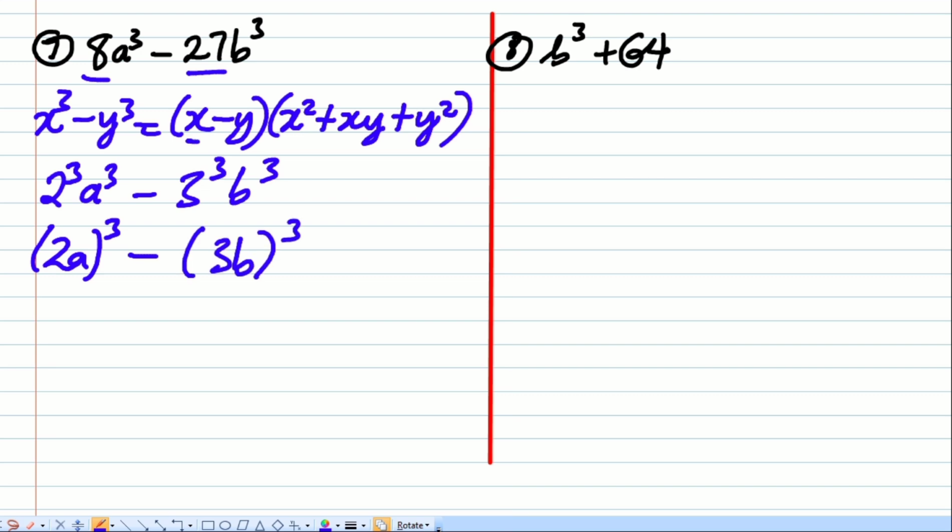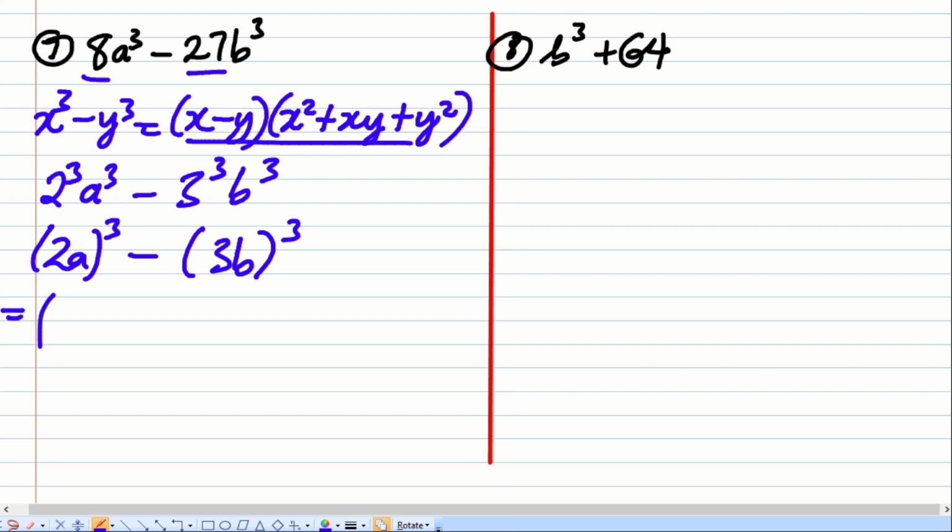So let's factorize using this technique. This will be equal to the first term, which is 2a, minus the last term, which is 3b. Then multiply by the first term squared.